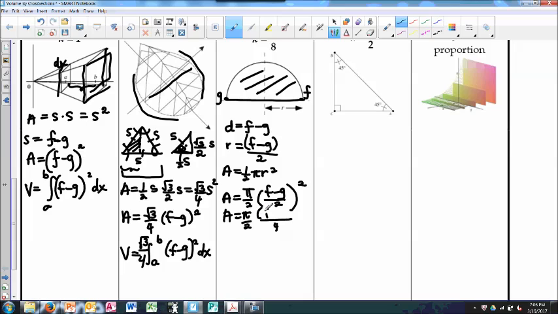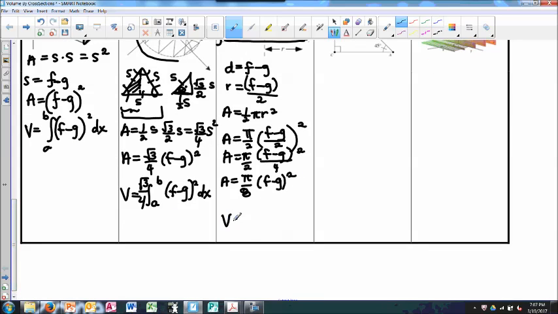And you still have the foiling necessary for f minus g squared. So the area of a semicircle in terms of its diameter, instead of in terms of its radius, is pi over 8 times the diameter squared.